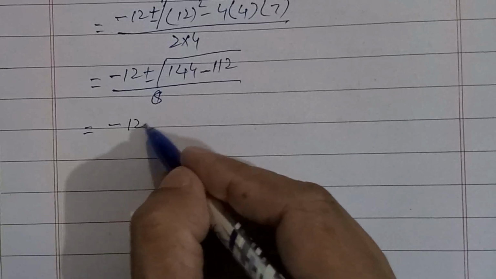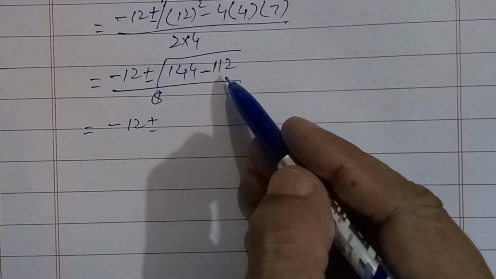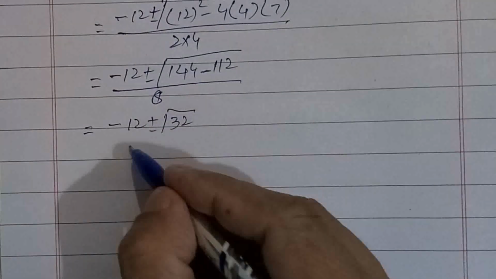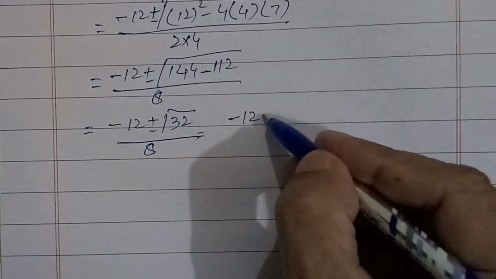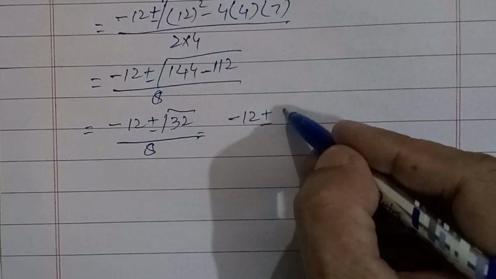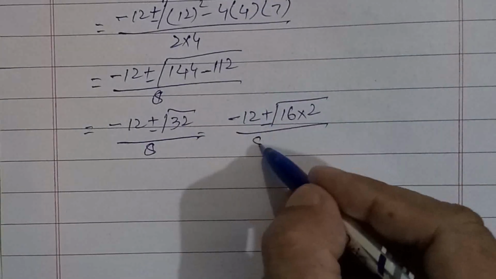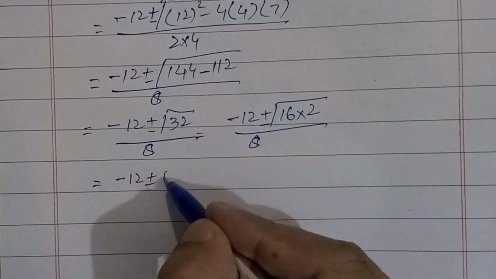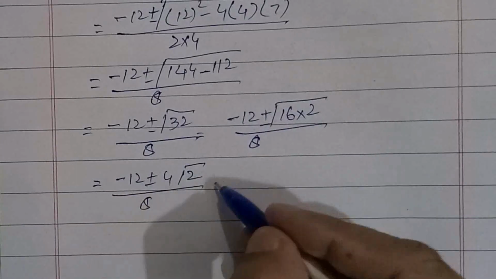Further simplify, 144 minus 112 is equal to 32, square root over 8, and minus 12 plus minus square root of 32, 16 2s are 32, over 8, which is equal to minus 12 plus minus 4 square root 2 over 8.